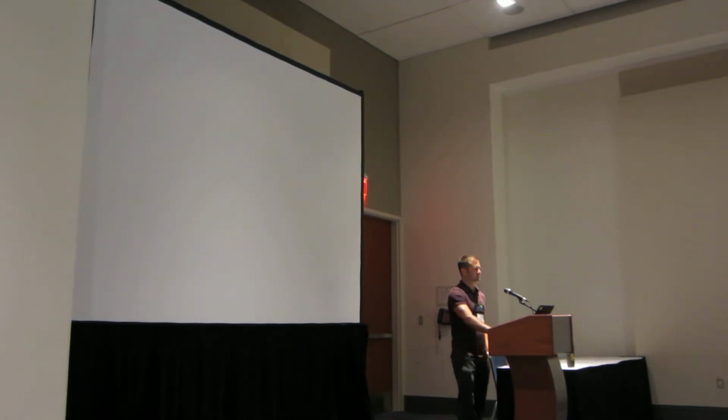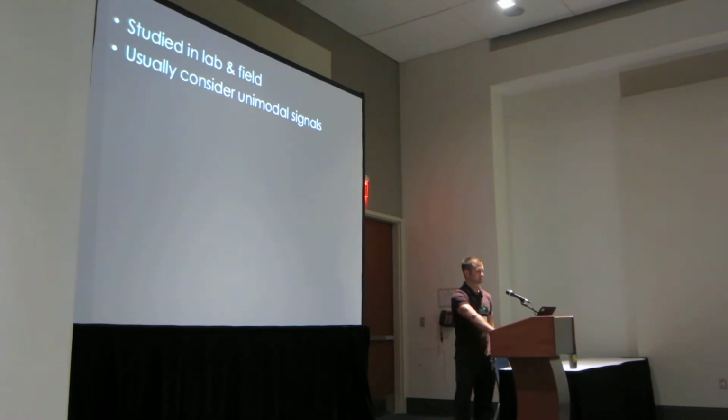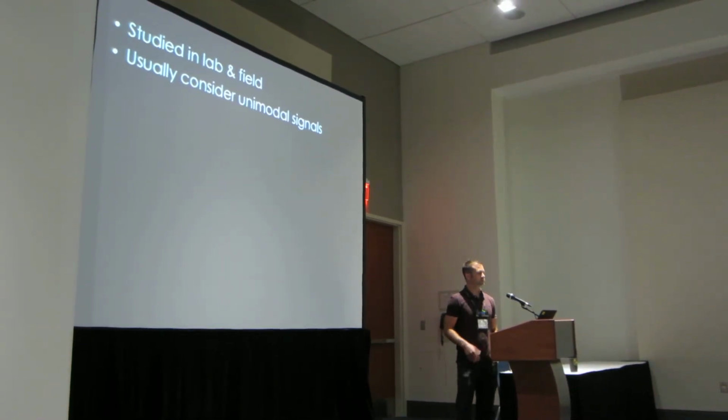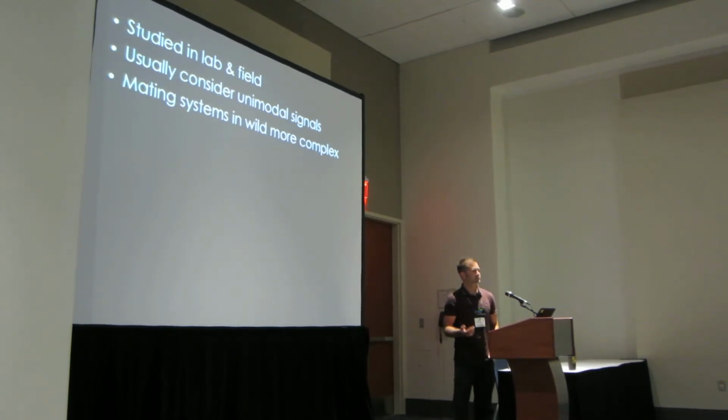So sexual selection has been studied broadly in the lab and field settings, but investigators have typically considered unimodal signals, so just looking at the effects of visual signals on mate choice or just acoustic signals on mate choice, when in fact mating systems in the wild are often more complex.